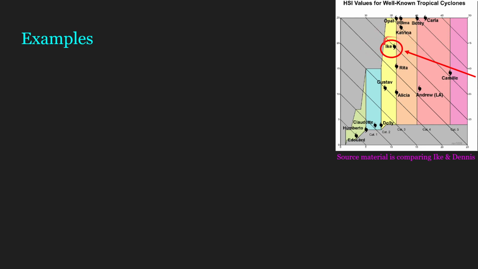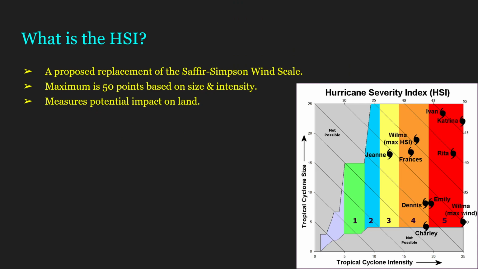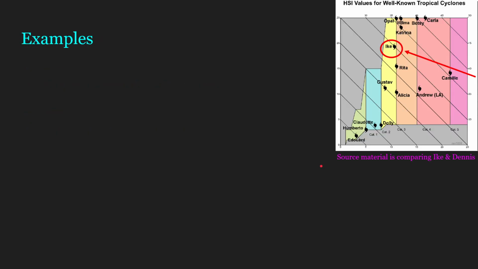This is because the source slide, which again will be in the description, was comparing Ike and Dennis, which isn't even on this graph. It's actually on the previous one, the very first slide. Okay, sorry. So it's on the previous graph, not this one, which is weird, but I digress. So just get into the examples.